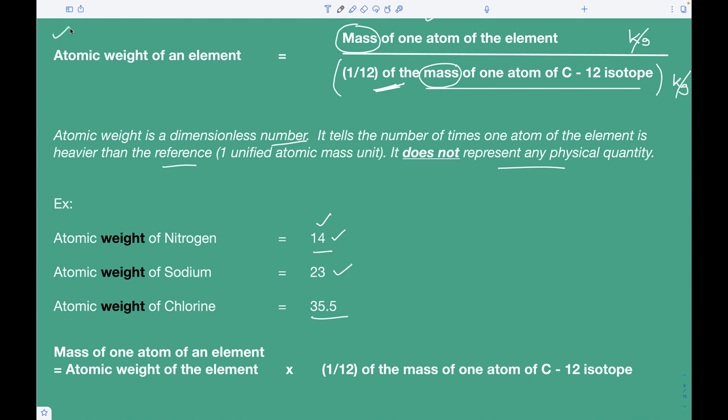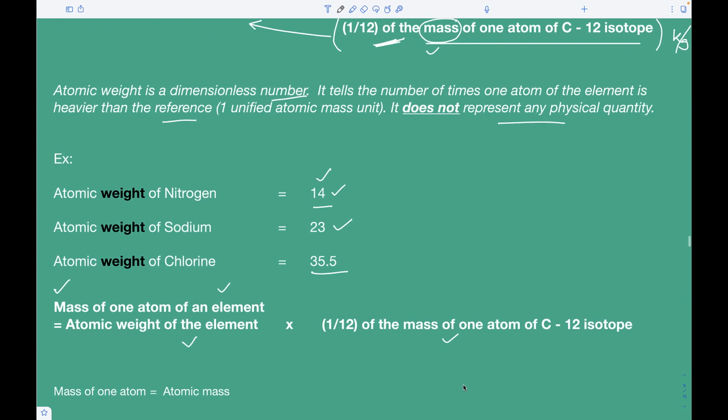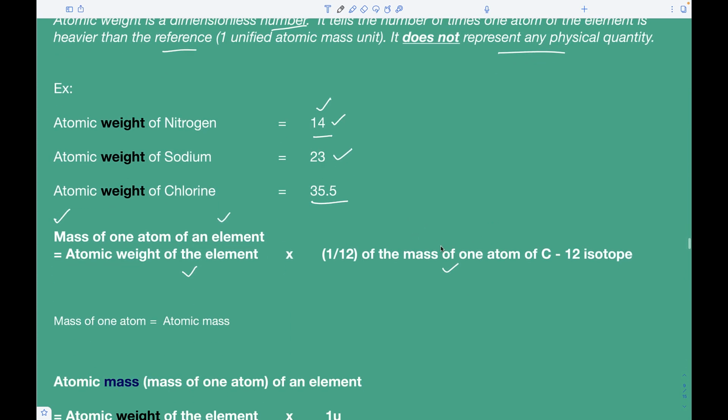Now let us rewrite this equation by moving this term to the left hand side. Then this is what we will have. Mass of one atom of an element will be equal to atomic weight of the element multiplied with 1/12 of the mass of one atom of C12 isotope. And what do we have here on the right hand side?